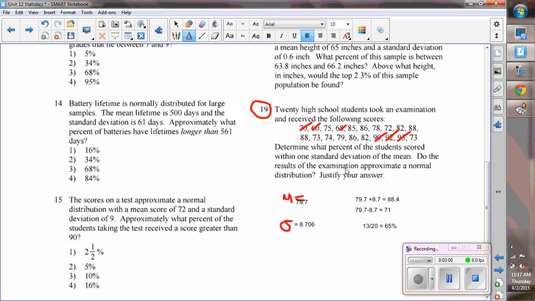So do you think the results of the examination show an approximately normal distribution?